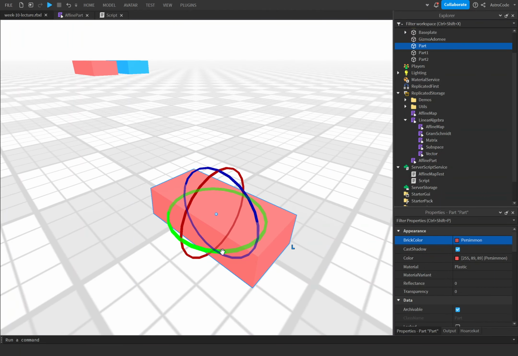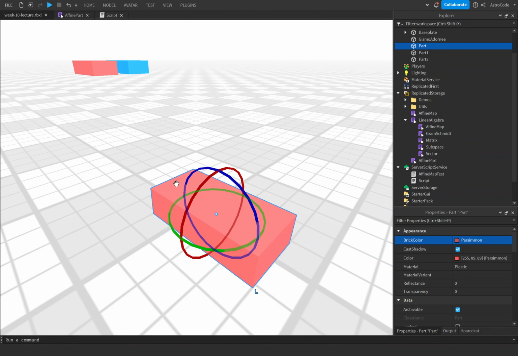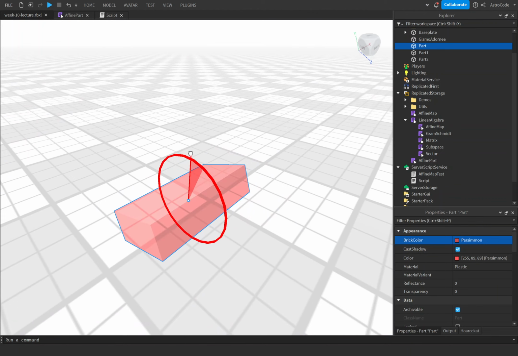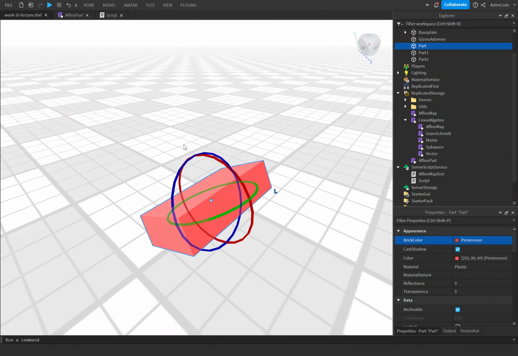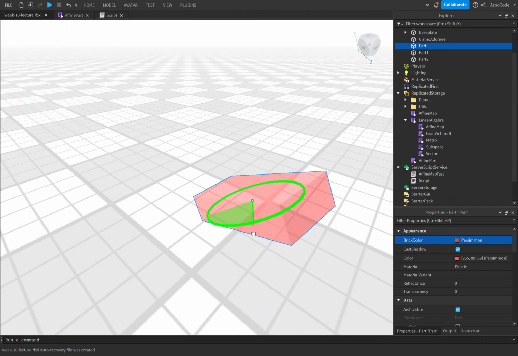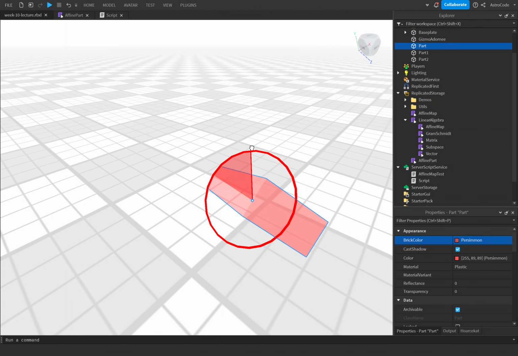So first I can rotate it about the x-axis, and then when we apply the next rotation matrix, it actually rotates about its local y-axis, or the up vector. And then we rotate about its local z-axis.